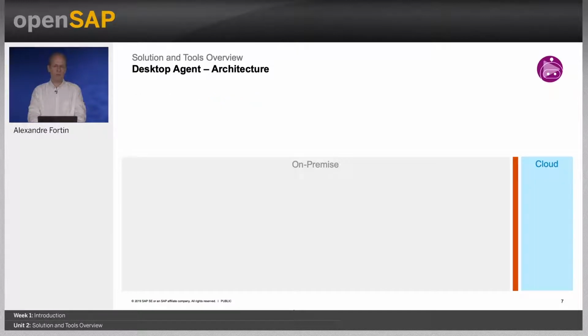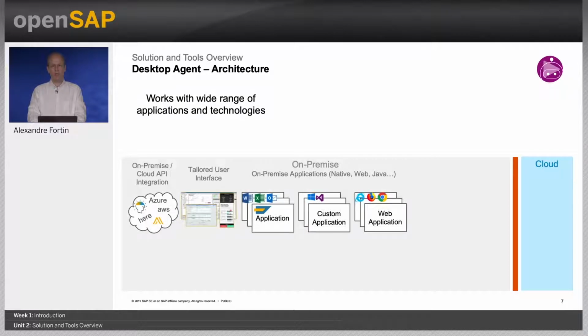Desktop agent is able to work with a wide range of applications and technologies. Web application, custom application built with native Windows APIs, Java-based application, terminal applications, and so on. And access to dedicated applications such as Microsoft Office. Desktop agent is able also to build your tailored user interface, where services protocol can be used to talk with on-premise or cloud-based application.